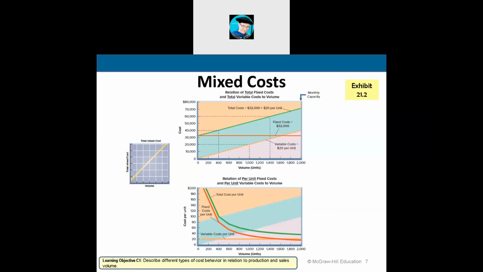Plus 1 cent per page over the 30,000. That's the variable part. So the fixed part is the cost of renting the machine for a year, $32,000. The variable part is 1 cent per page over the 30,000 pages. Make sense? That's what mixed cost is.